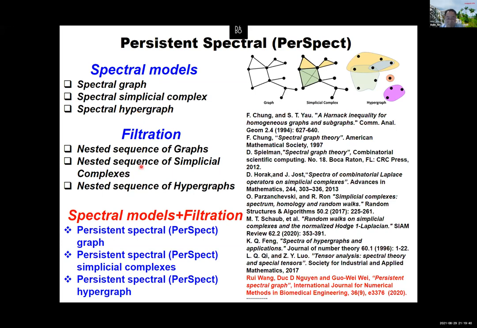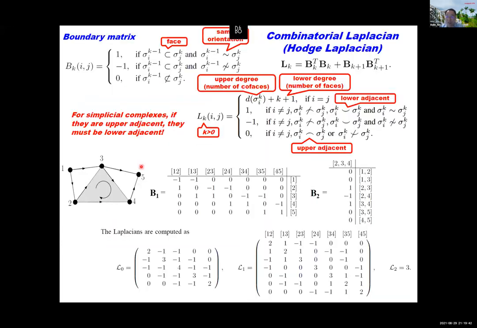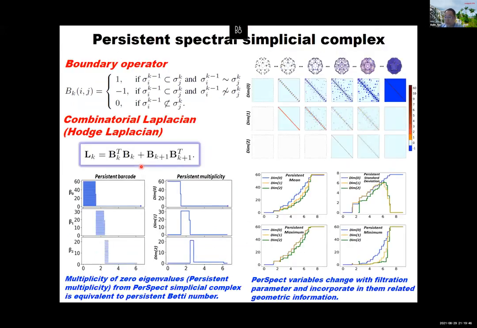Basically, we study the evolution of the spectrum information during the filtration process. If you have the filtration process, we can take, for example, the number of zero eigenvalues, and then we end up with the Betti number. So here the multiplicity of zero eigenvalues corresponds exactly to the persistent barcodes. Another more important thing is that we can check the non-zero eigenvalues.